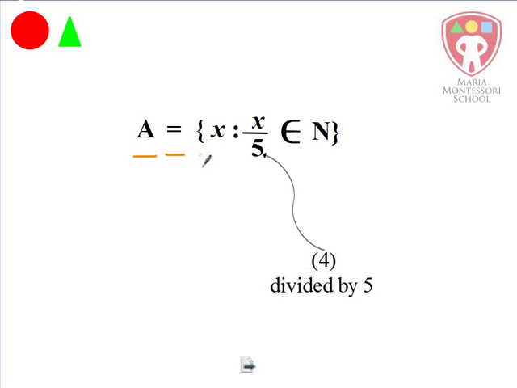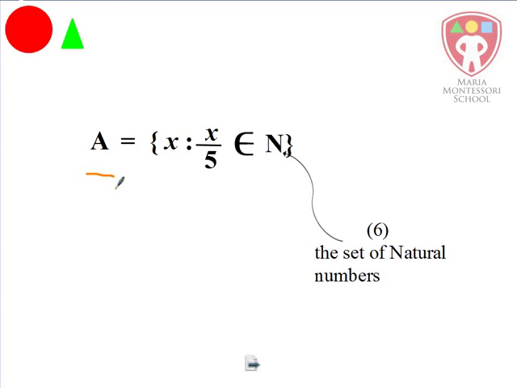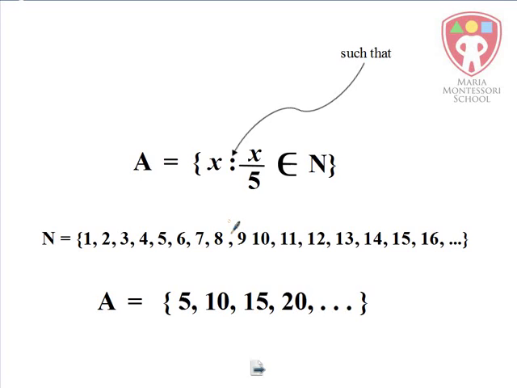Set A equals x such that x divided by 5 is a member of the set of natural numbers. Here is our set builder notation again.